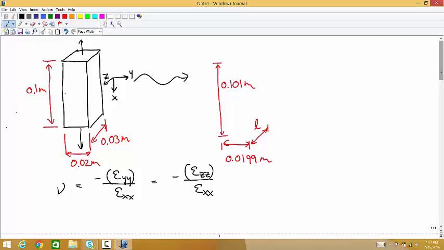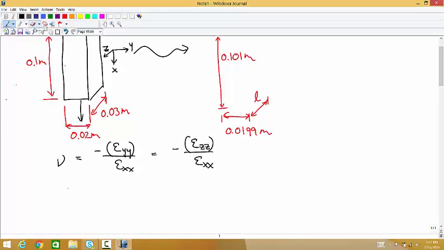And so we just have to calculate these values. Strain xx is equal to 0.101 minus 0.1 divided by 0.1. And so that is 0.01 if you do that.